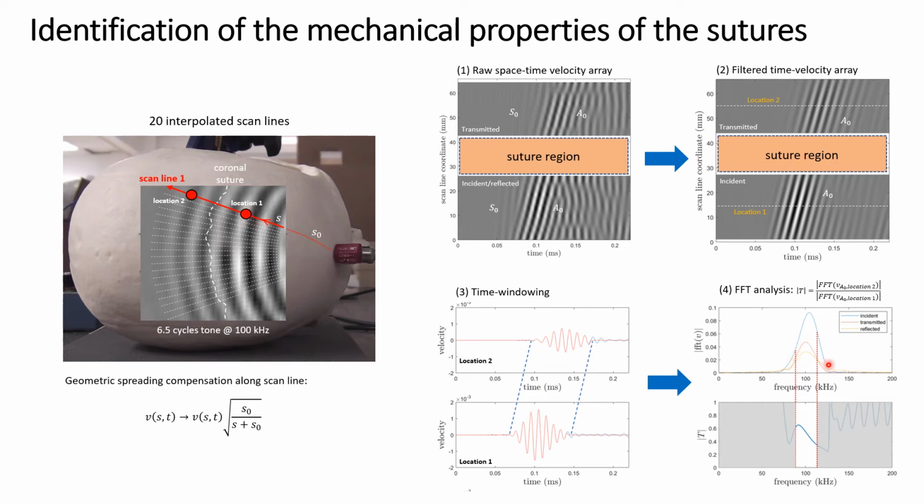And the red line here is the fast Fourier transform of the transmitted A0 wave packet that is measured at the location 2 after the suture. So if we want the transmission coefficient of the A0 mode, we just divide the red line by the blue line frequency-wise. This procedure can be applied for each line and for each guided wave mode of interest.